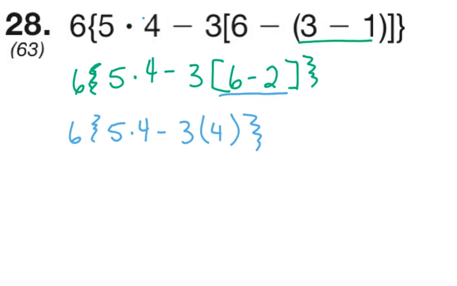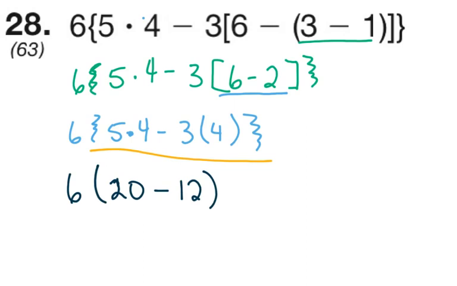So now I'm looking inside this whole section here, and I've got 5 times 4, and I have 3 times 4. So I'm going to rewrite this as 6, and I'm going to change my parentheses to this because it's easier to see. 5 times 4 is 20 minus 3 times 4, which is 12.